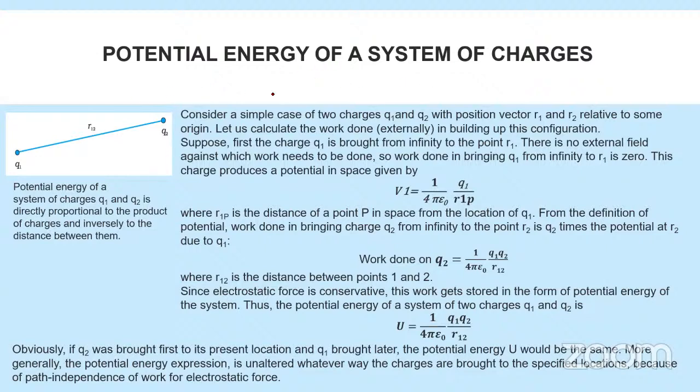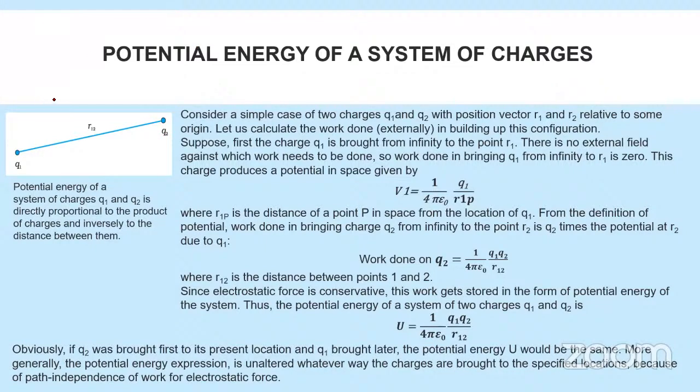For simplicity, we are going to consider only two positive charges, Q1 and Q2, and they have position vectors R1 and R2 relative to some arbitrary origin that we can take. We are first going to understand the work done by the external forces in getting this configuration. So suppose your Q1 and Q2 were at infinity.